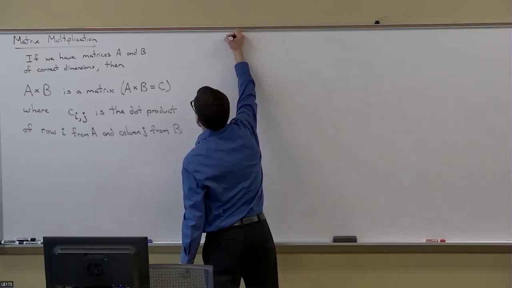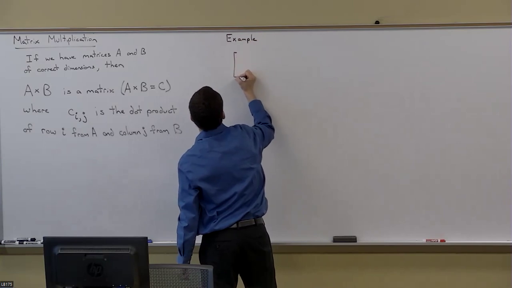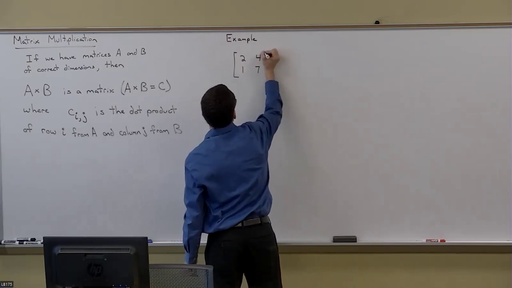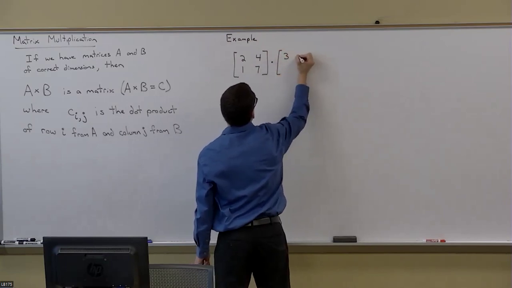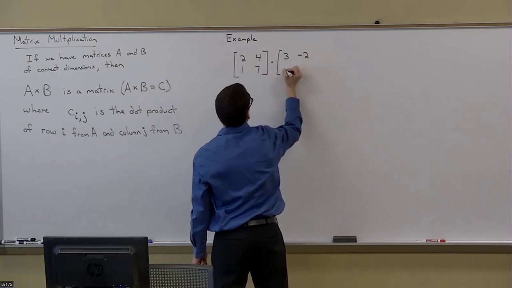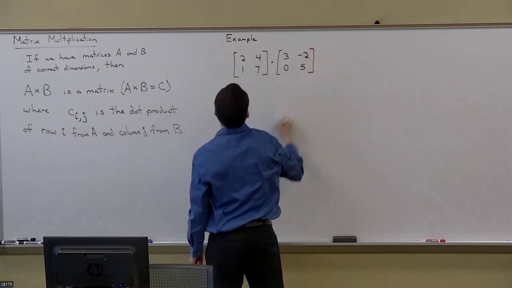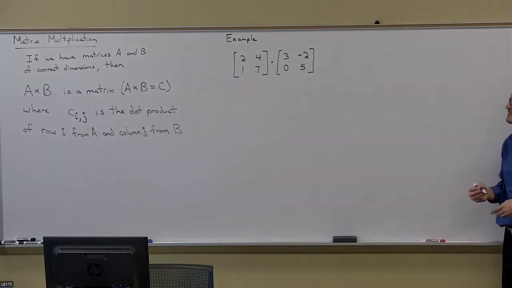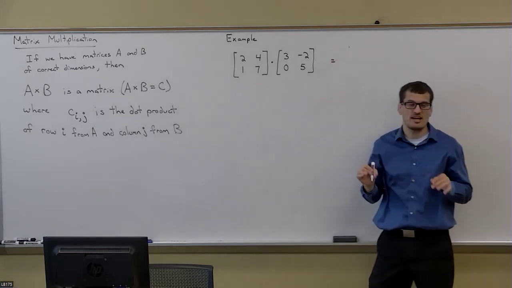Let's take 2, 4, 1, 7, and multiply it times 3, -2, 0, 5. I'm gonna write and erase. This is the nice thing about having a whiteboard.